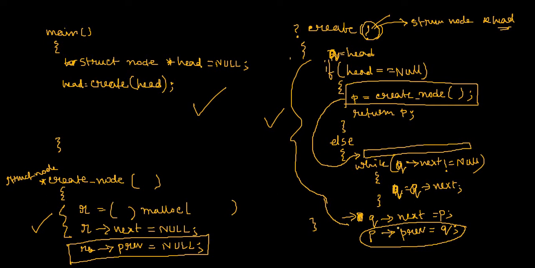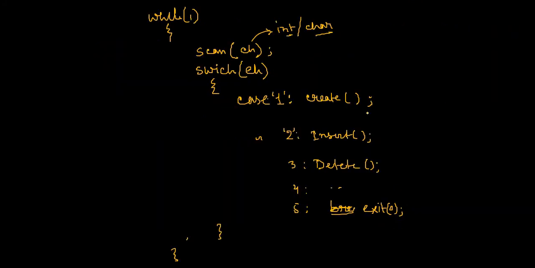So do one thing, it's my suggestion that you try to implement a doubly linked list also in a separate program, and try to follow this type of approach, because in the case of a doubly linked list also you'll have insertion logic, deletion logic, and everything.